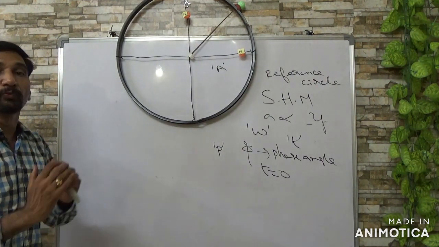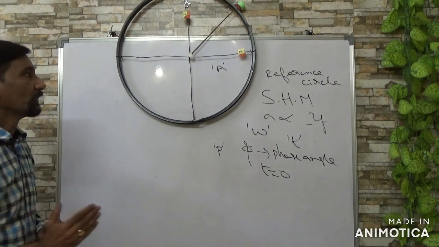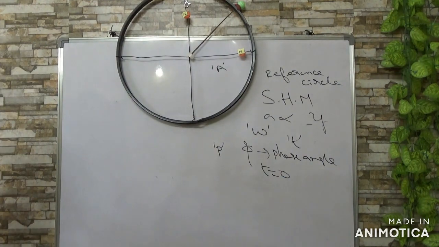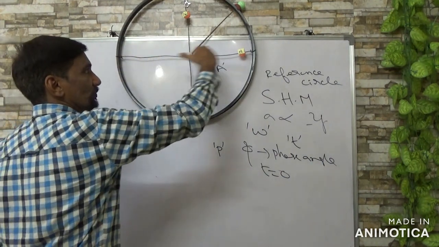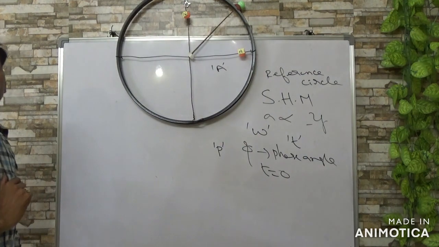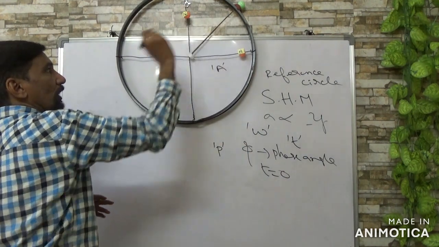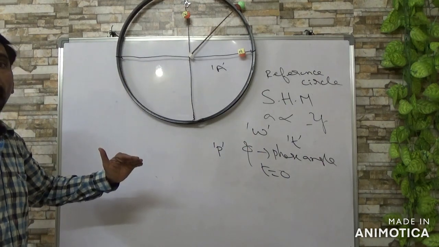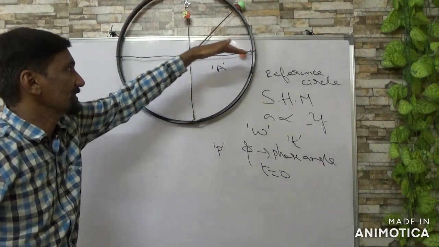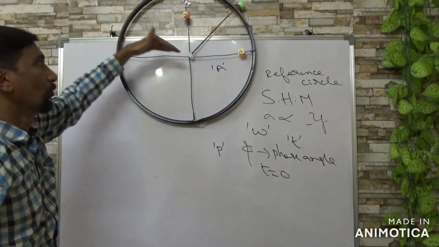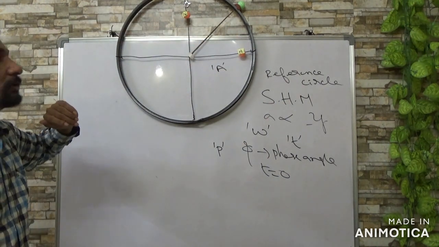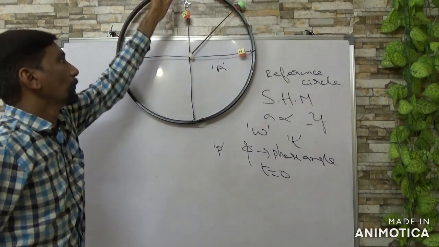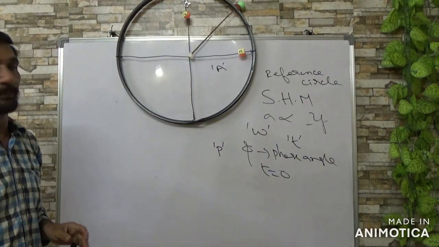Now, how to find the displacement of the body when it is projected on the diameter of the circle? This one or else this one. You can notice that these two are perpendicular. We have drawn two perpendicular diameters, X'OX and YOY'.